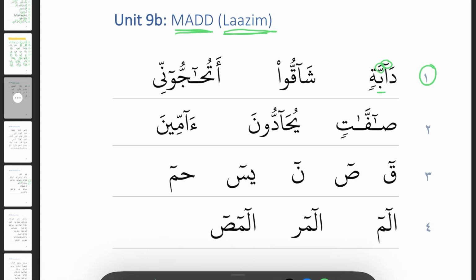And if you take a quick glance along the other examples on this line, you'll see that every time you saw a squiggly med, so here we go, got the squiggly med in that one, we've got one here, and oh my goodness, we've got 2 here, but every time you have that med, it's followed by a letter with a shadda.